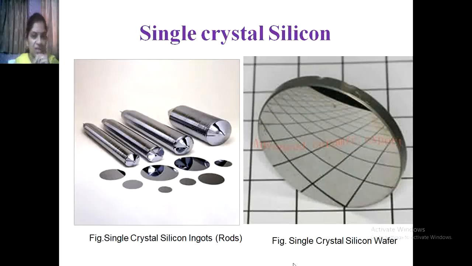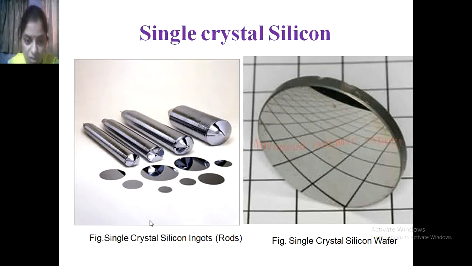Then single crystal silicon looks like this. We have already seen that this type of crystalline structure is formed by the silicon fabrication process.